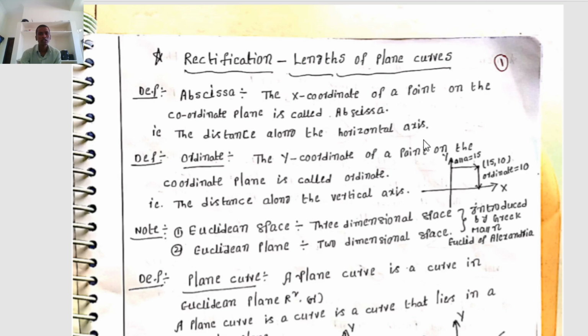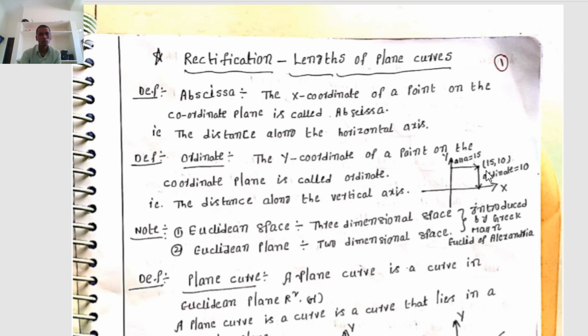In the xy plane, suppose we define a point (15, 10). The distance along the horizontal axis, the x-axis, is 15. The distance along the y-axis is 10.